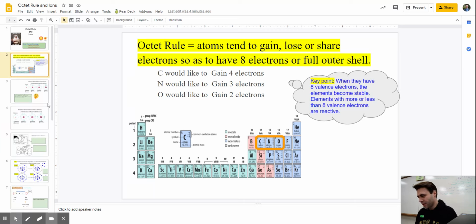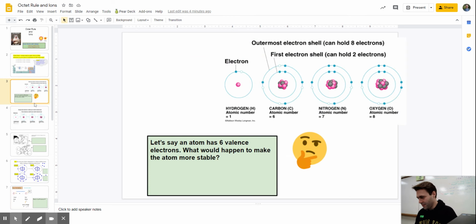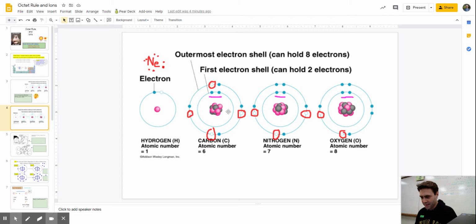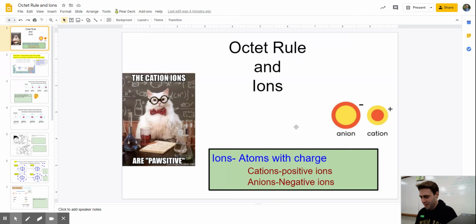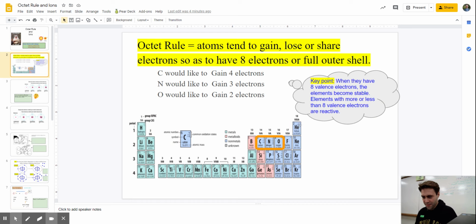That little caveat is because atoms like hydrogen and helium, here's helium, only have 1 orbital, and only 2 electrons can go in that orbital. So again, atoms want to gain, lose, or share electrons as to have 8 electrons in their valence shell, or a full outer shell.